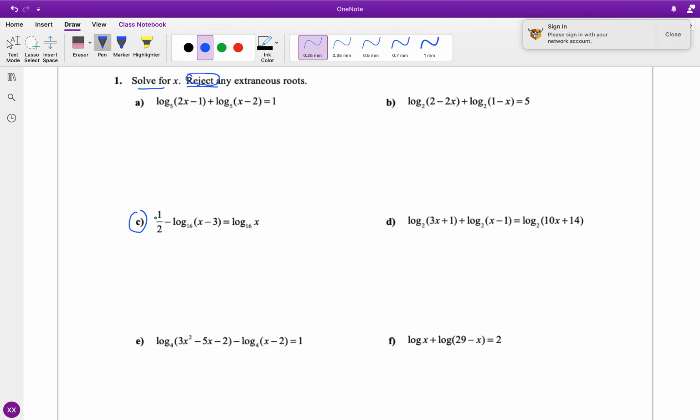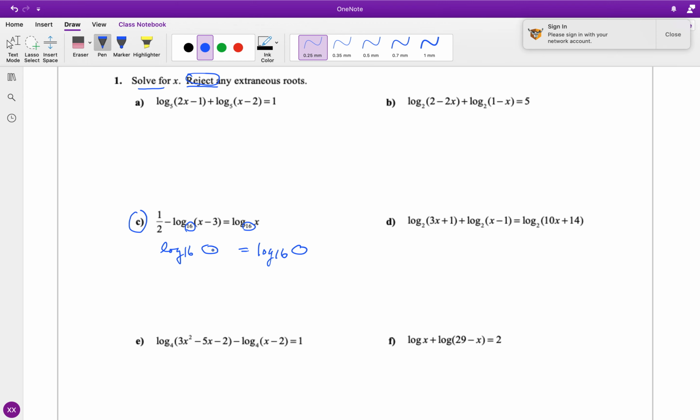Okay. Now here you have the number 1/2, and you have this 2 log. I'm very thankful that they're the same base. So in this case, there are 2 ways of doing it. One way is that I want this side to become log base 16 of something, and this side is also log base 16 of some other thing.